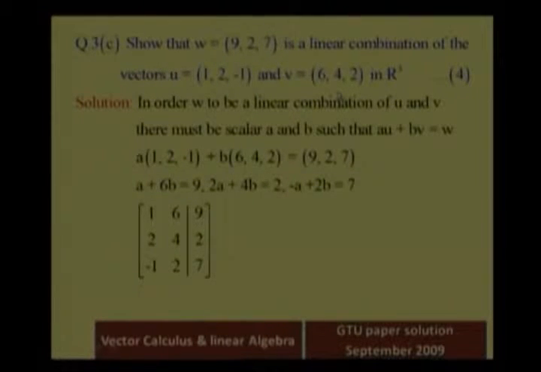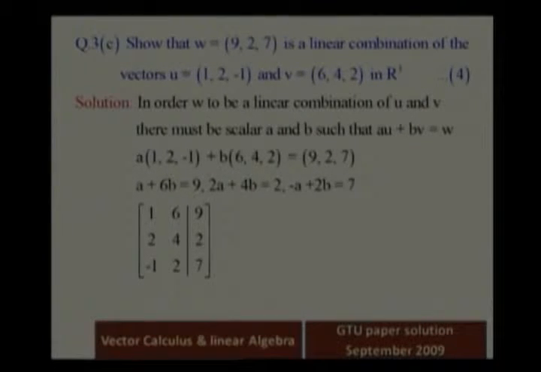In order for W to be a linear combination of U and V, there must be scalars A and B such that AU + BV = W. So here we want to check whether the vector (9, 2, 7) is a linear combination of the two vectors (1, 2, -1) and (6, 4, 2) or not.